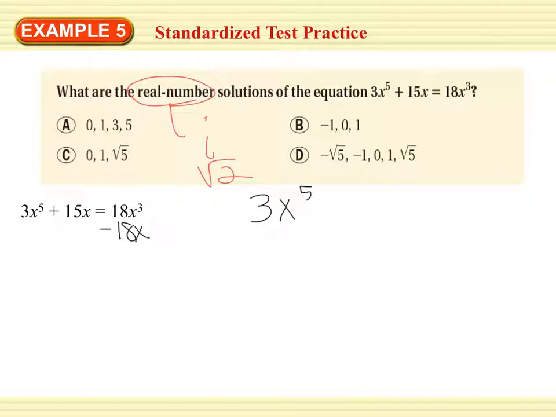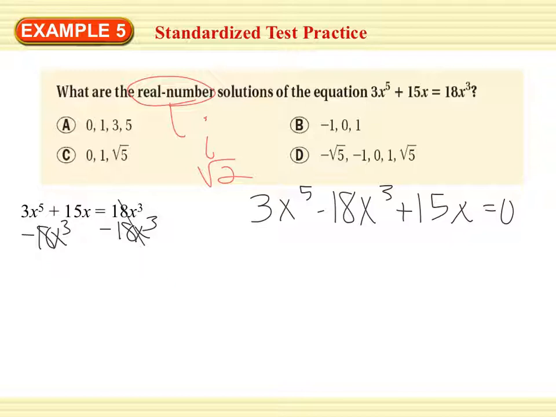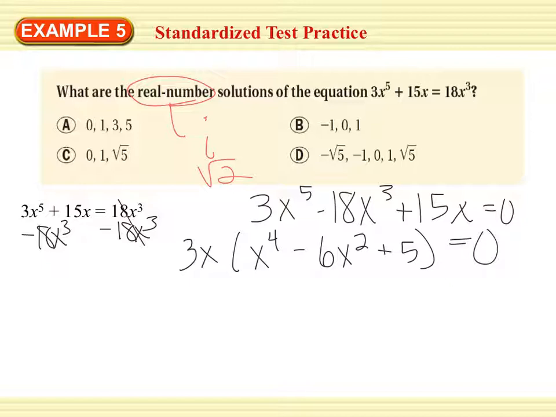I'm going to subtract 18 from both sides, and that leaves me 18x cubed plus 15x equals 0. And factor out the greatest monomial. Looks to be a 3x, and I'm left with x to the fourth minus 6x squared plus 5. Now I need to factor that trinomial.